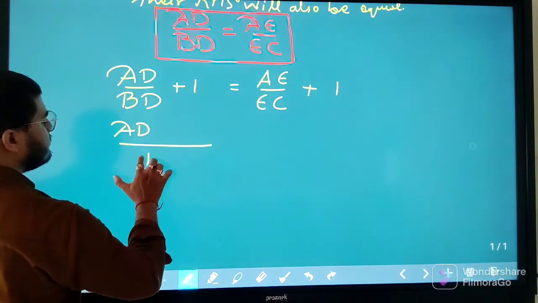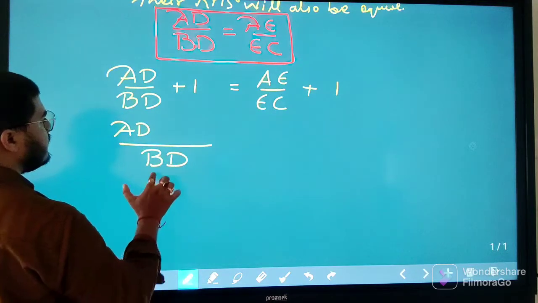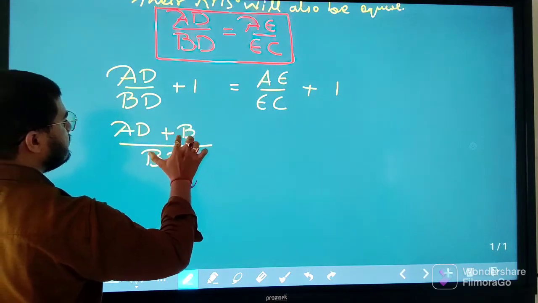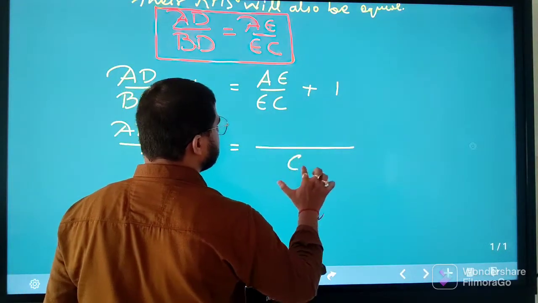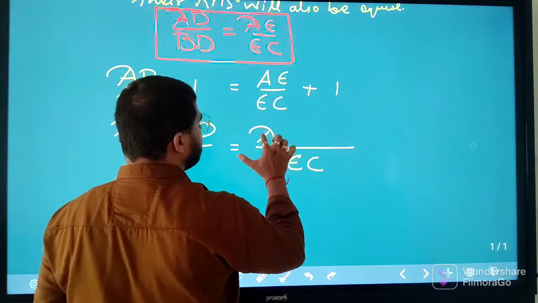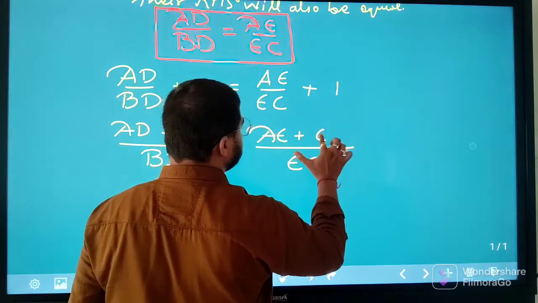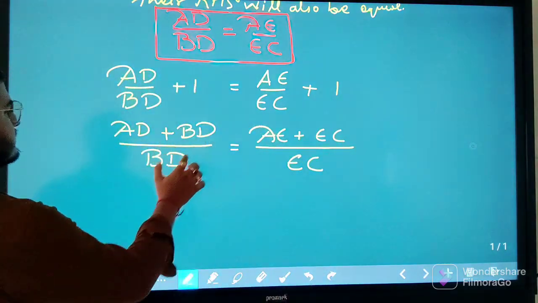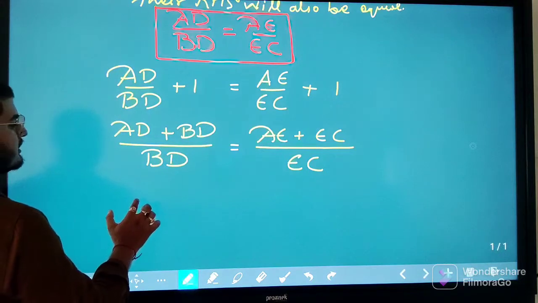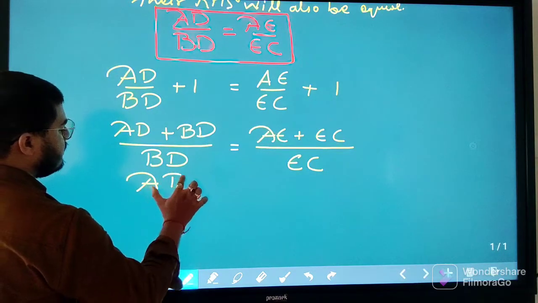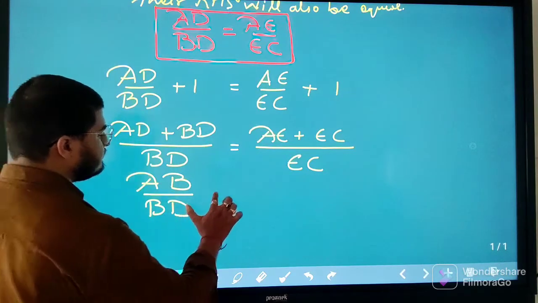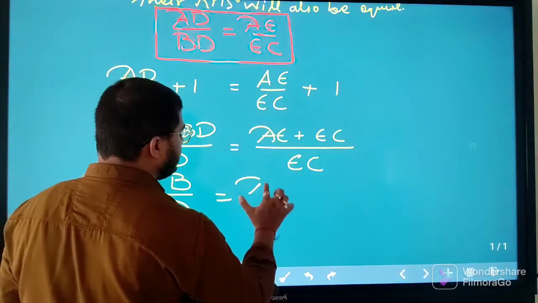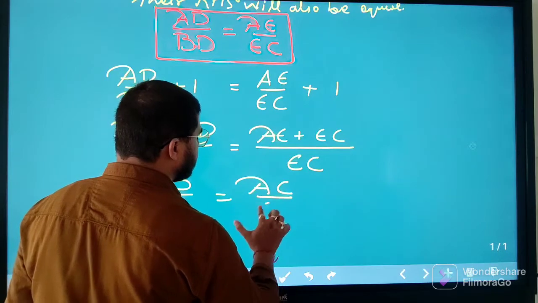Taking the LCM, BD on the left and EC on the right, we get AD plus BD upon BD equals AE plus EC upon EC. AD plus BD is AB, the entire side, and AE plus EC is AC, the entire side.